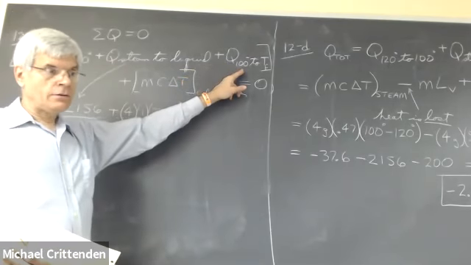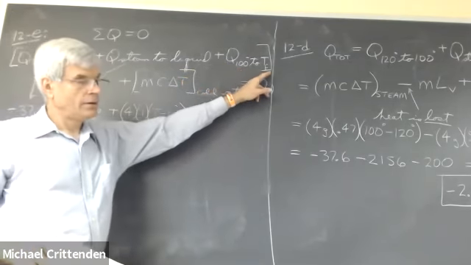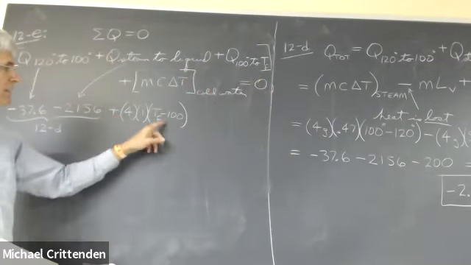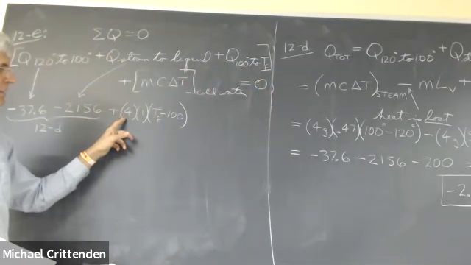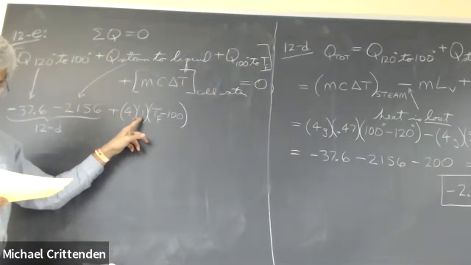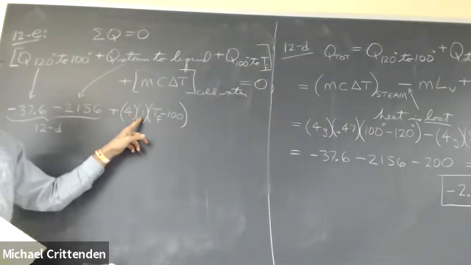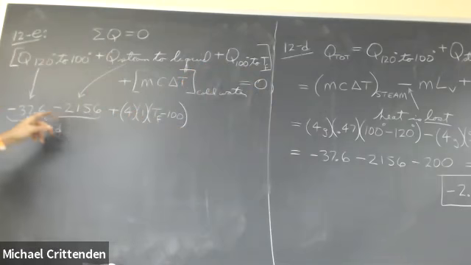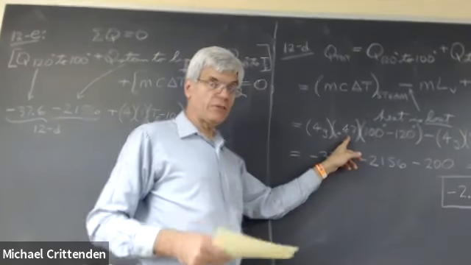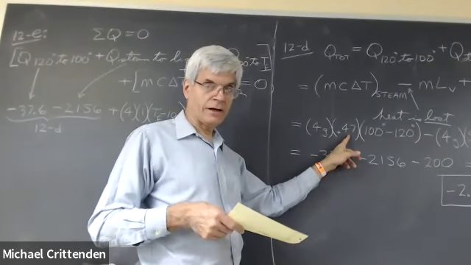For the heat to go from 100 degrees to T final, MC delta T, 4 grams of steam. People get caught here. They stick the specific heat of steam in there. The specific heat of steam is for when you're above 100 degrees.